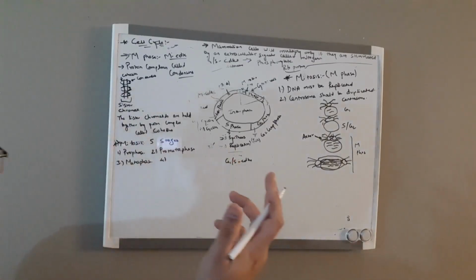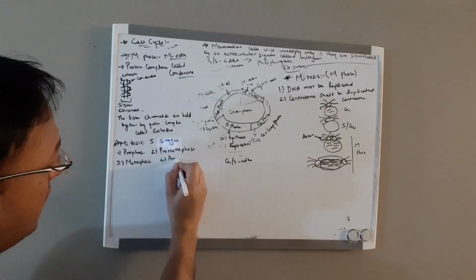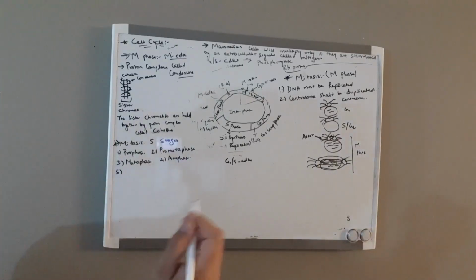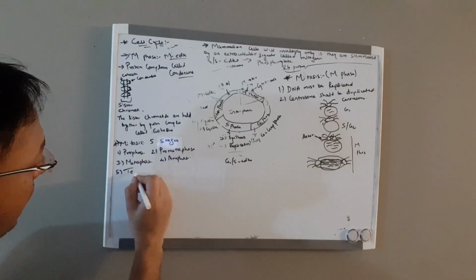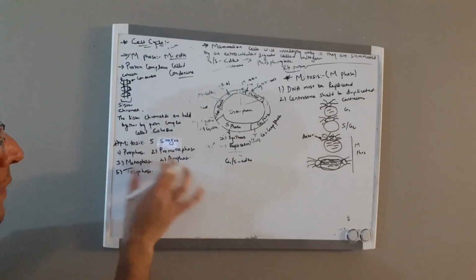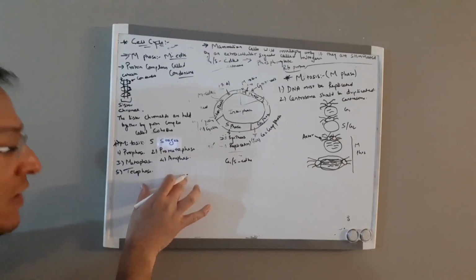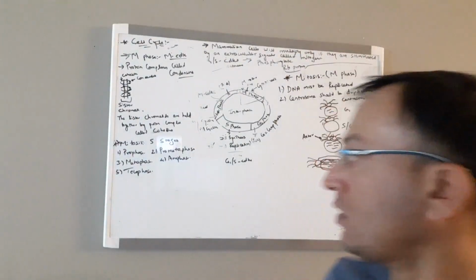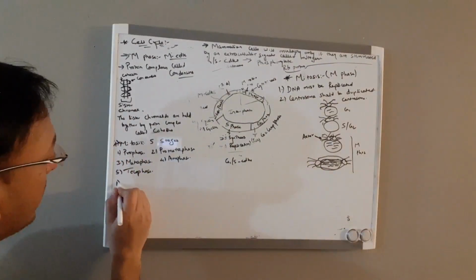Number four is anaphase, right? And number five is telophase. This is how the mitosis is divided into the 5 stages, and after telophase, cytokinesis will begin. Right, so first we'll study the prophase.